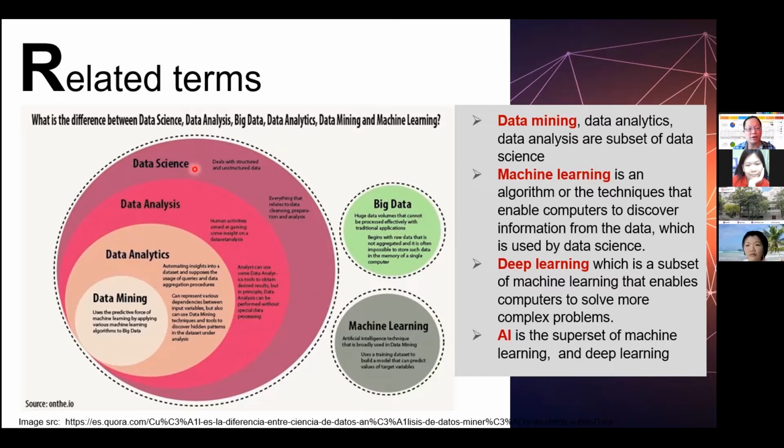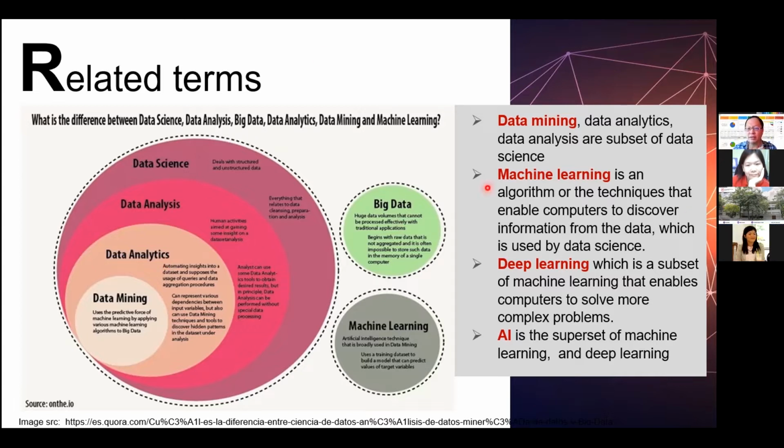So sometimes people call data science data mining, and sometimes data analytics. But essentially, data mining is just a part of data analytics, and it's part of the whole of data science. Okay, there are different levels of data science and data analytics. I'll show you later in the next slide.